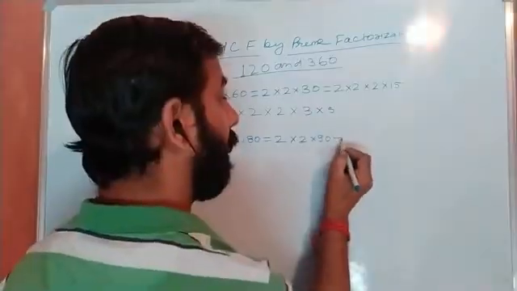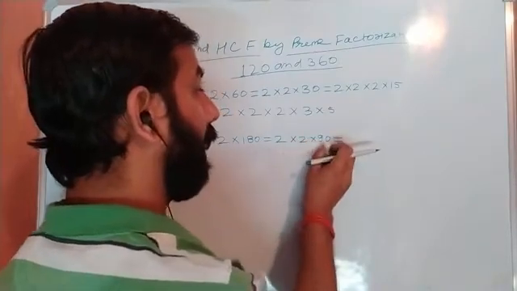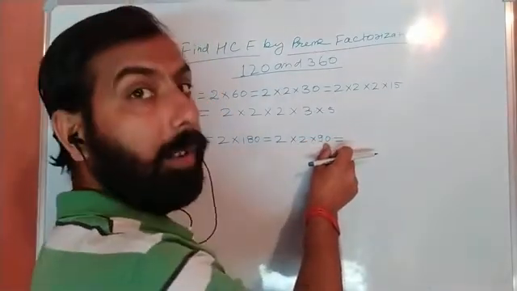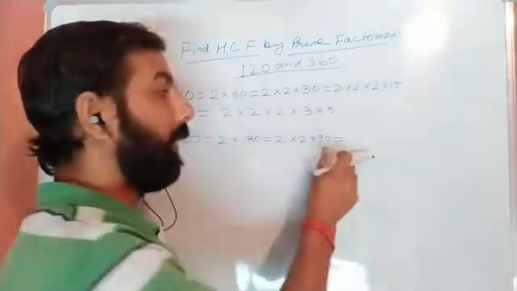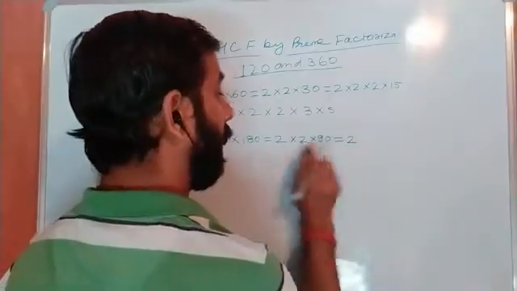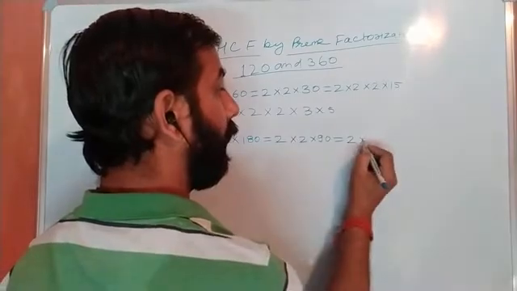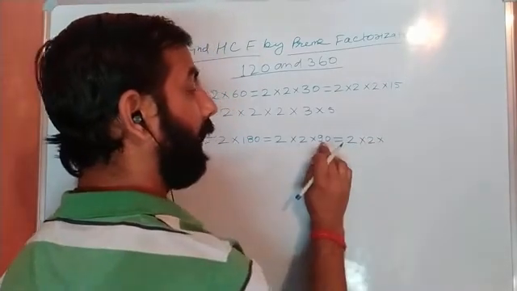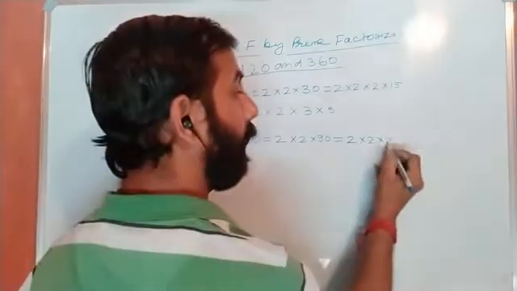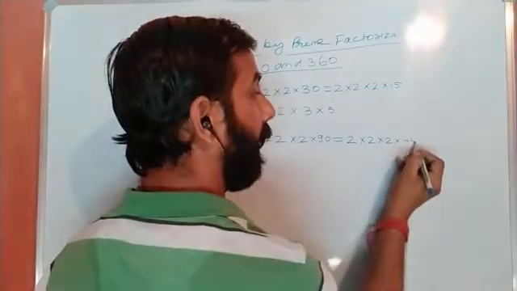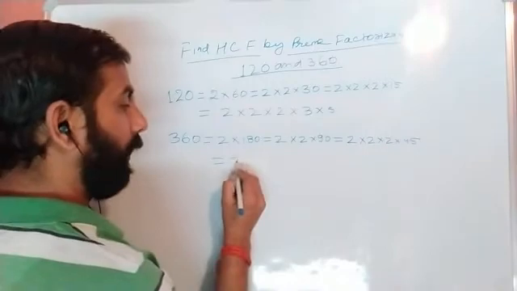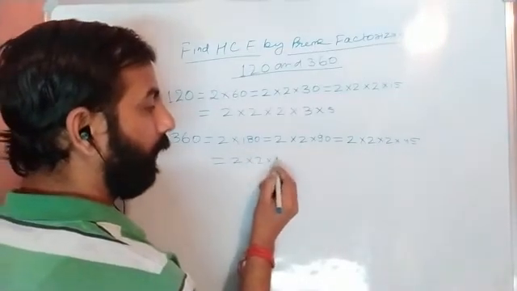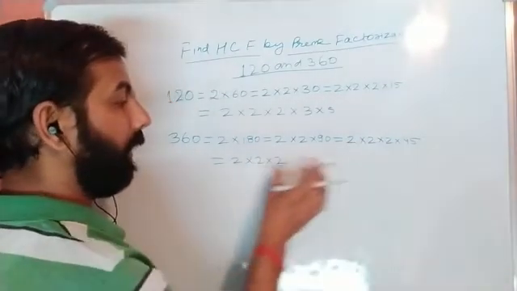Again we have got a prime number 2. 90 is not a prime number, so it will be divided by another prime number. We will carry this 2 and divide 90 by 2 into 45. Now we will carry over here 2 into 2 into 2. We have written this number.